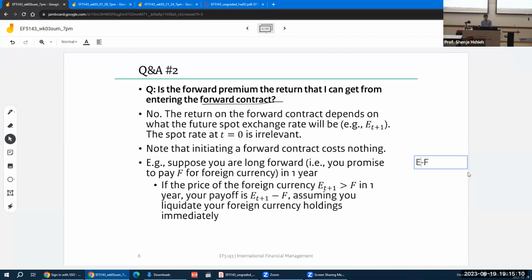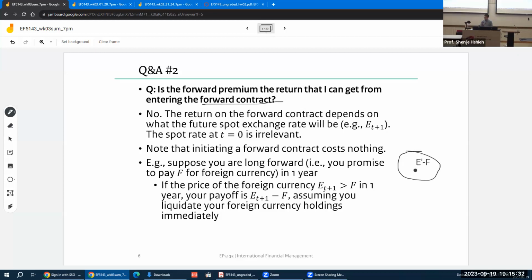Let's just say E prime is the realized value of the underlying asset in the future. You don't know what E prime is going to be today, but you're gambling, right? So this is your return on the forward contract. It's whether or not you are correct or you benefited from your speculation.